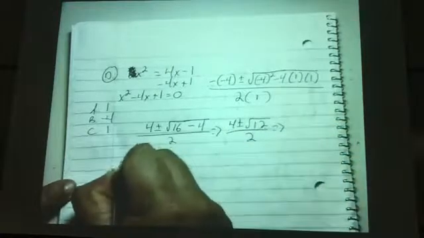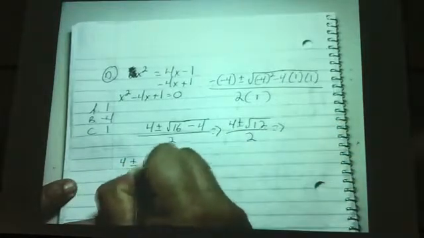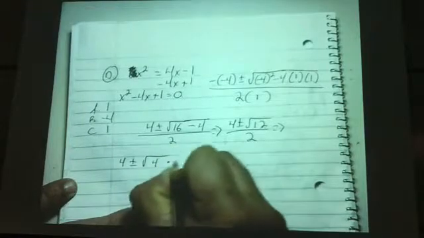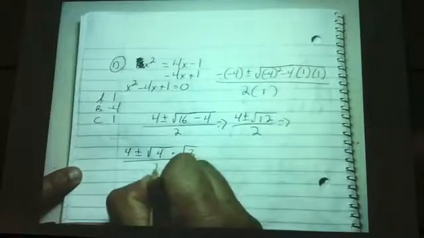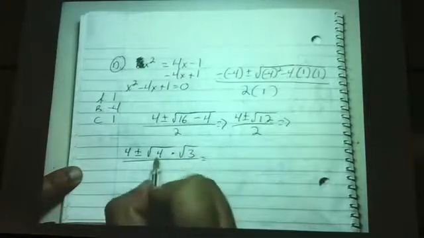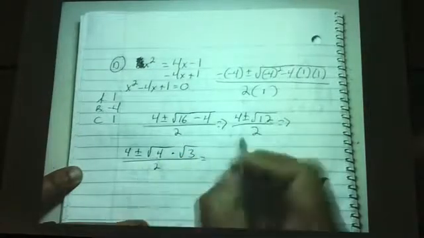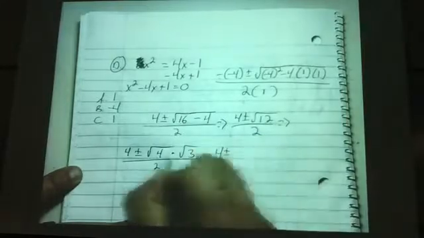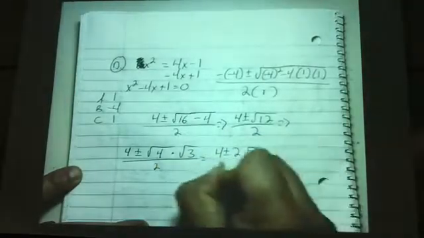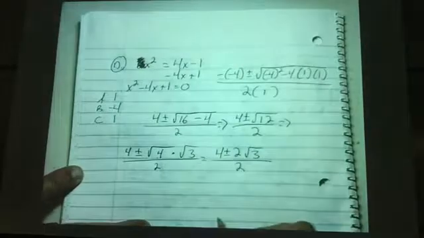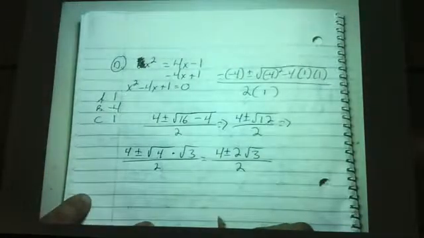So we rewrite that to show 4 plus or minus the square root of 4 times the square root of 3, over 2. We take the square root of 4, so we move everything over to show 4 plus or minus 2 square root of 3 over 2. We're good?